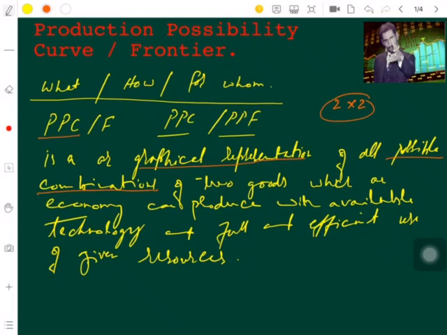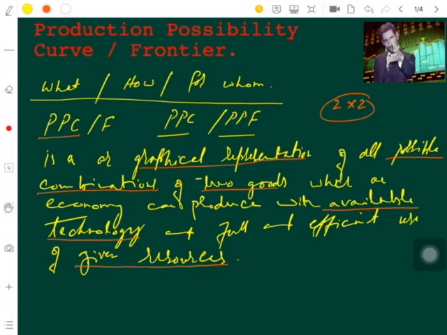We will consider that in an economy only two goods are produced for the time being. What is true of the sample is true of the whole population. We will use that notion. It is a combination of two goods which an economy can produce with available technology and full and efficient utilization of given resources.